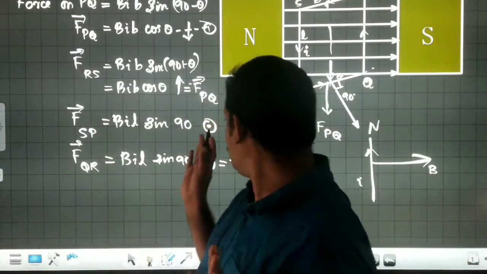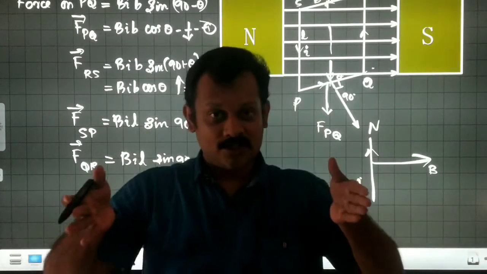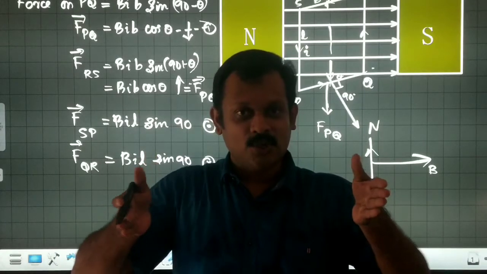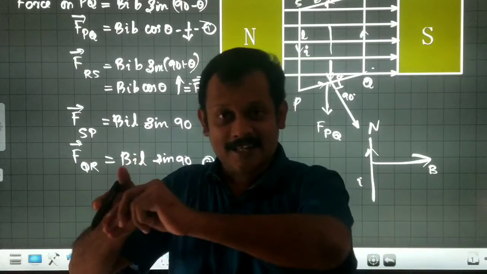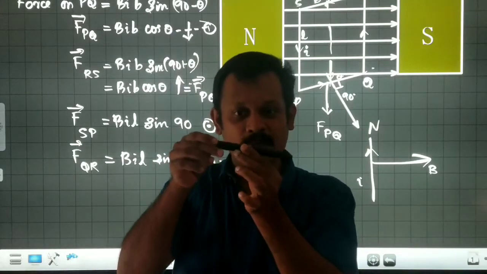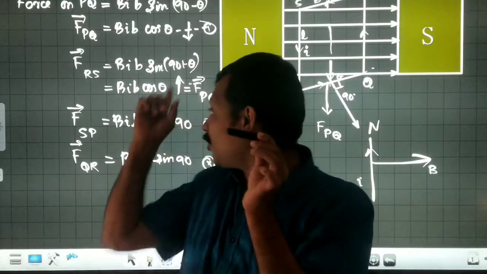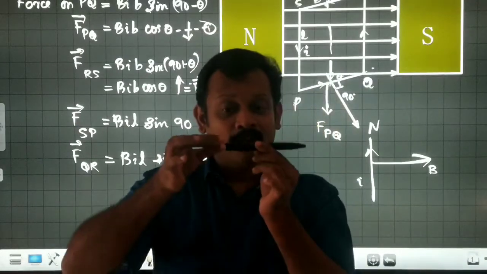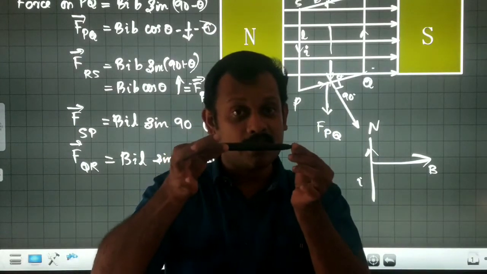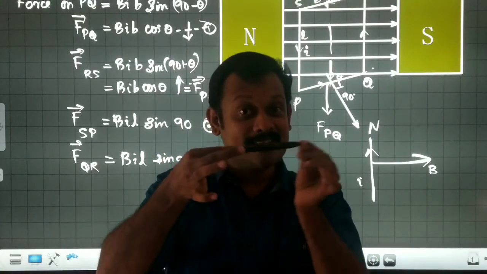See, FSP is out of the board. Just like I am taking this pen as this loop, I am pulling this part outward and this part inward. So you can see that there is a turning effect.